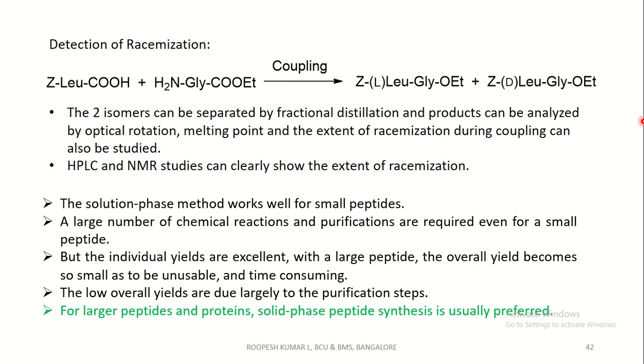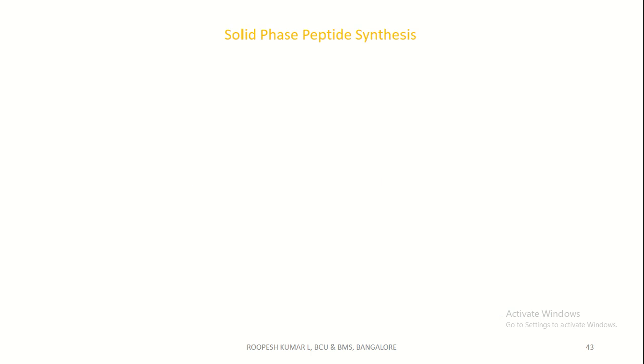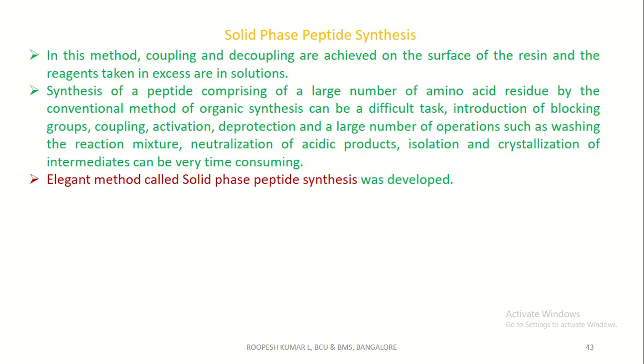Till now I have discussed solution phase peptide synthesis. Now let's see solid phase peptide synthesis. In this method, coupling and deprotection are achieved on the surface of a resin, and the reagents taken in excess are only in solution.